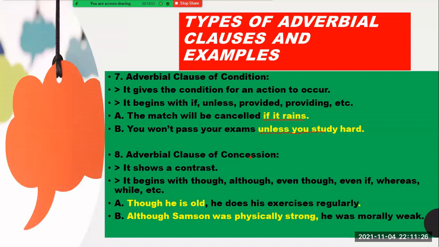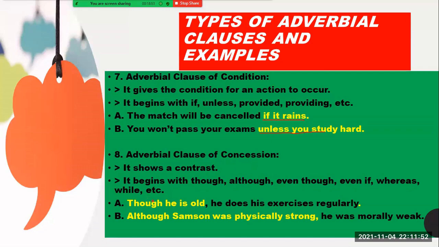You accommodate it. That's what the adverbial clause of concession does. It shows a contrast. It accommodates an opposing idea or a contrastive idea. It usually begins with though, although, even though, even if, whereas, or while.